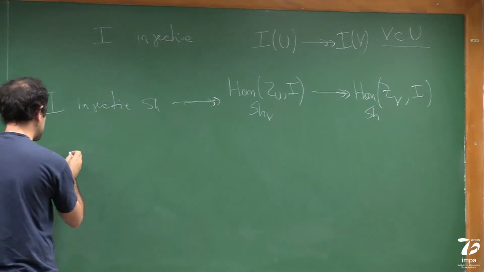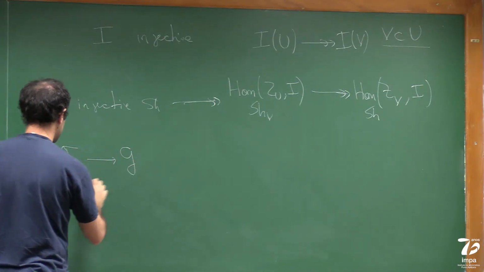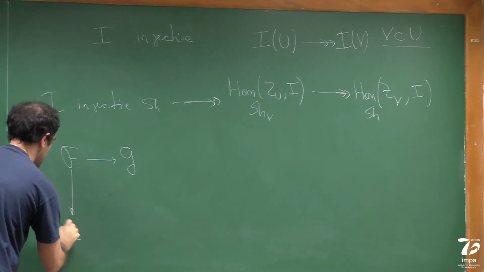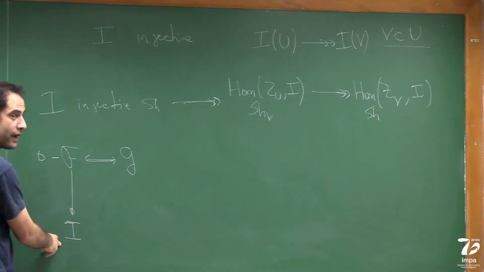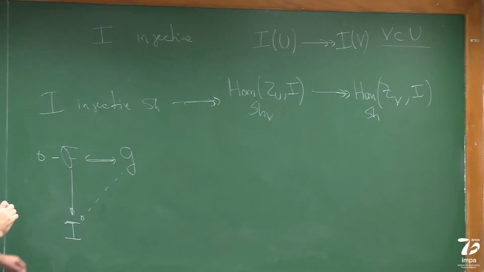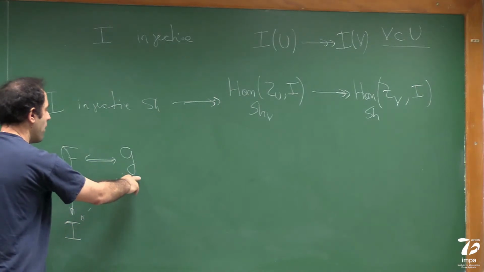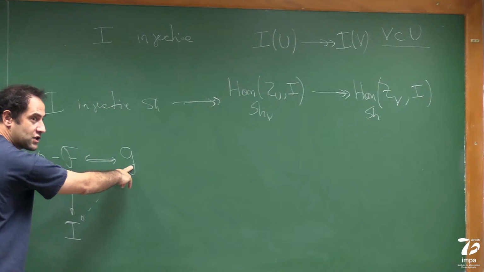So remember what it was to be injective? If I have a map of sheaves like this, an injection like this, and a map to I, then this guy exists. So hom from G to I to hom from F to I, which is composition with this injection, is surjective.